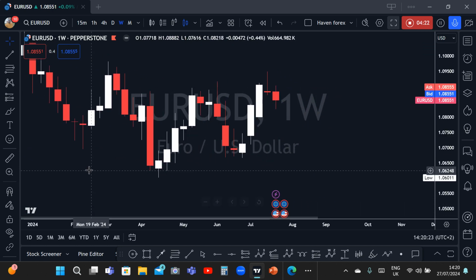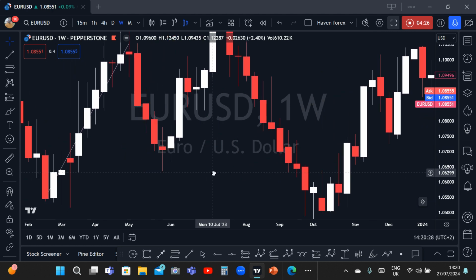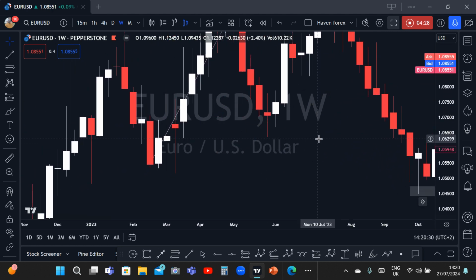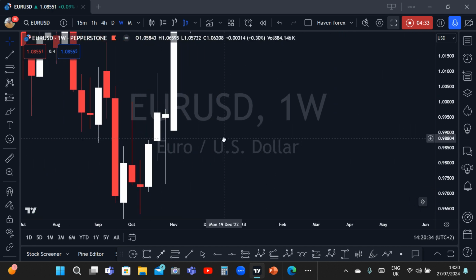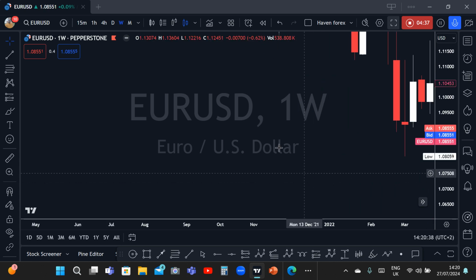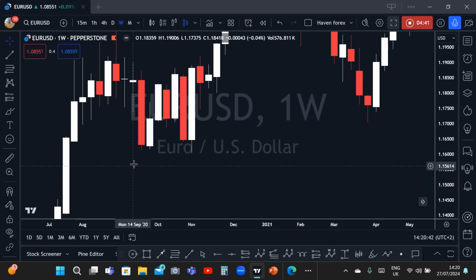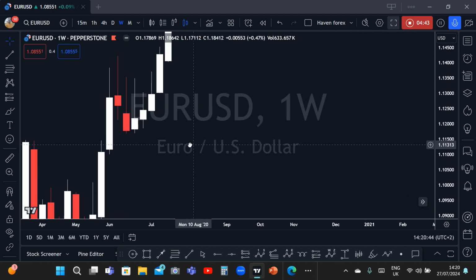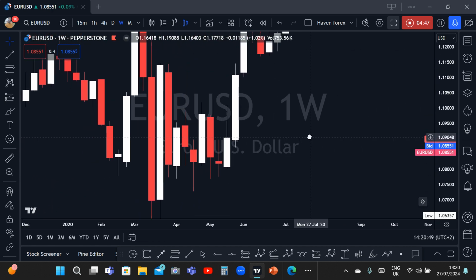Now, let's assume, for example, this is a bullish trend. Let me just come this way so that I can show you guys what I meant by a higher high, higher close candle.